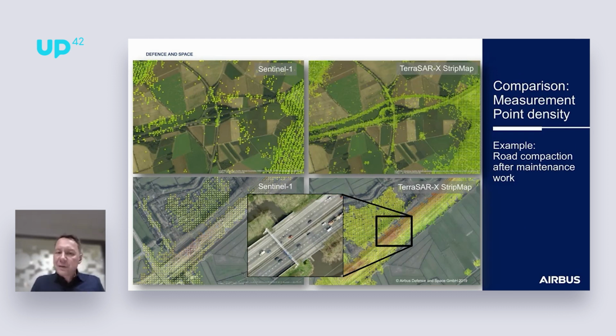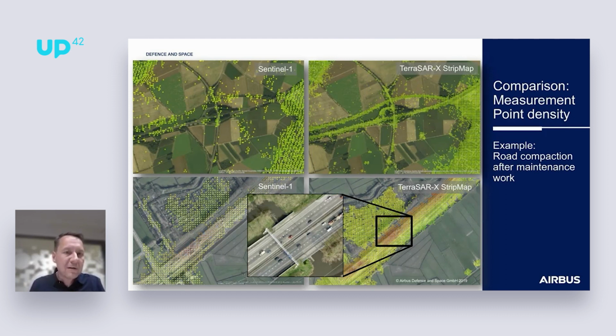High resolution is another term. What does it mean? Let's compare the TerraSAR resolution here, a strip map scene with a 3-meter ground resolution, with Sentinel, which is a free data source, as you're probably aware. Sentinel-1 is the radar space source with a resolution of approximately 20 meters.